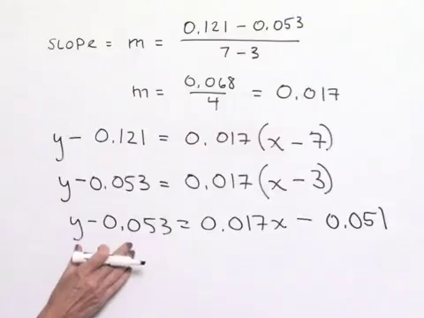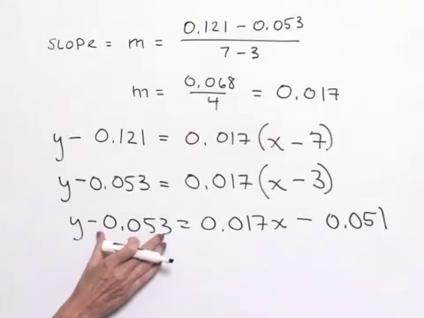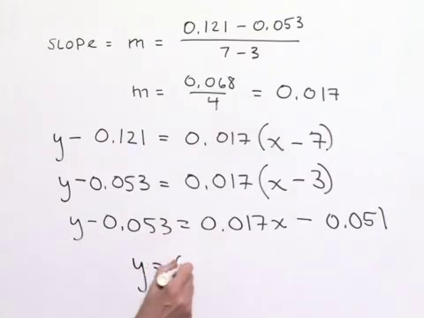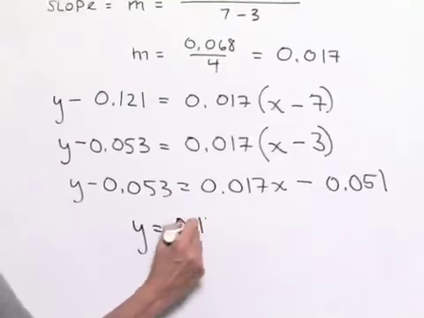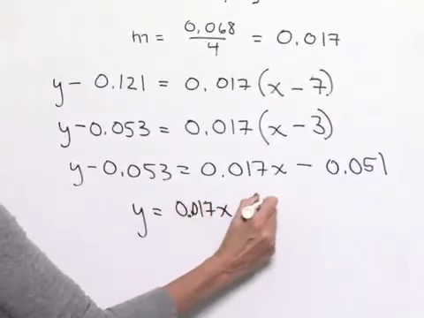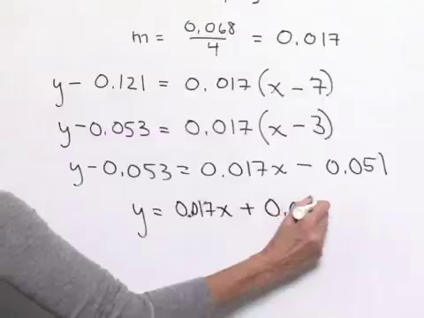Now to solve for y, we're going to add this 53 thousandths to both sides of the equation. That gives us y equals 0.017 times x, and when we add, we end up with plus 0.002.